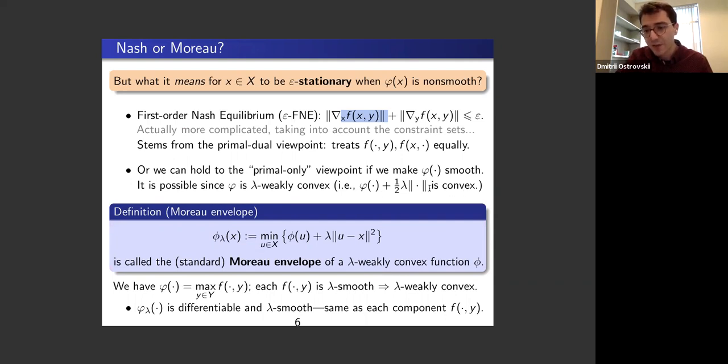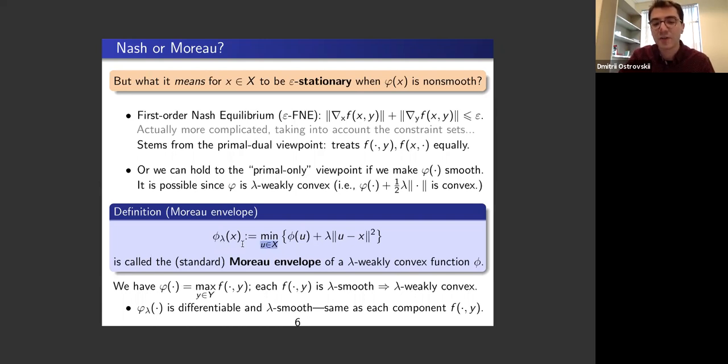So in other words, this function is convex. And then if you take any bigger regularization level lambda, then this minimization problem has a unique minimizer, a unique solution.